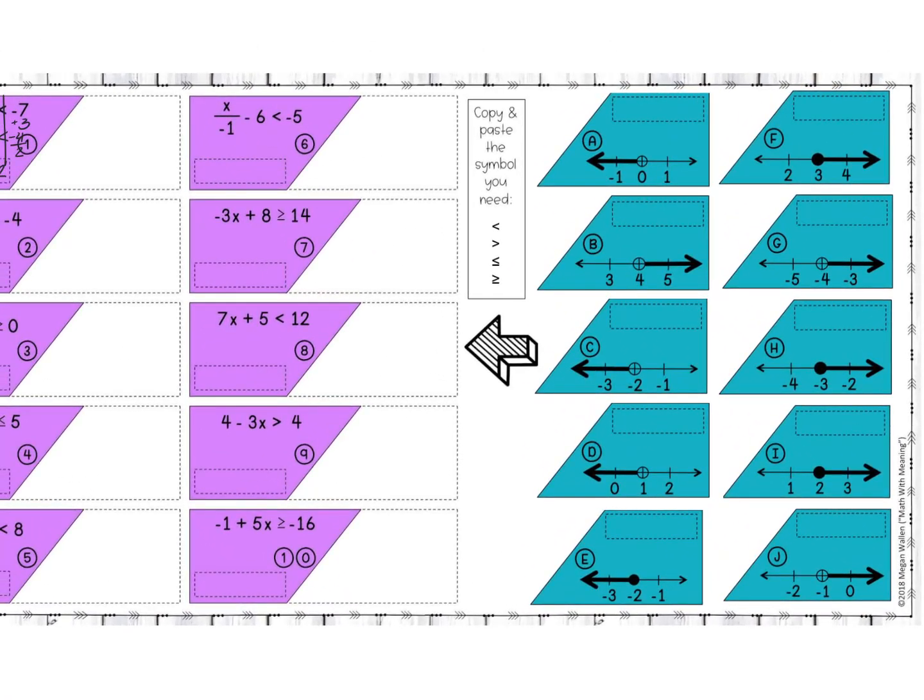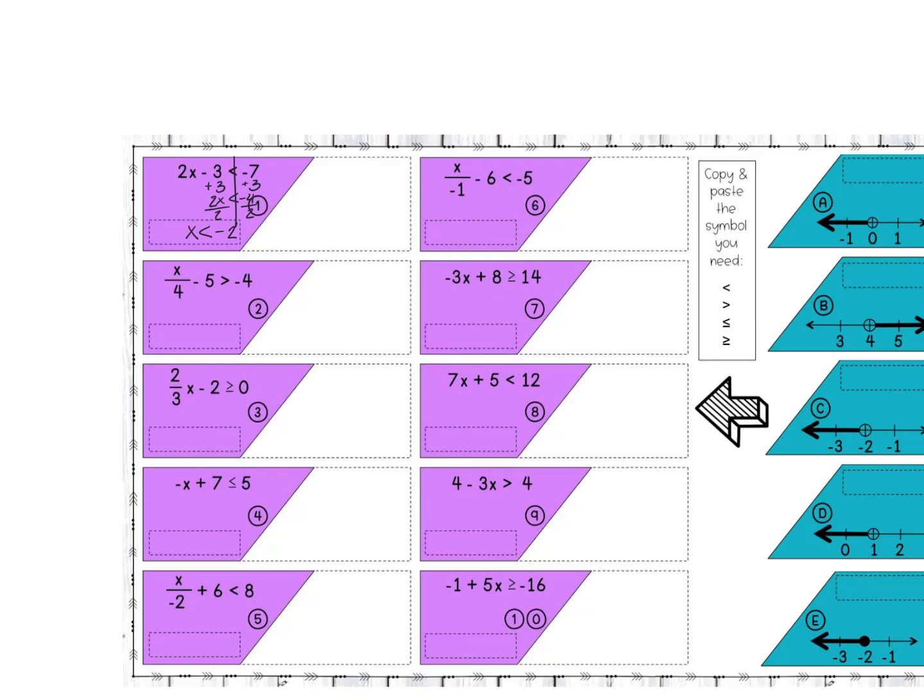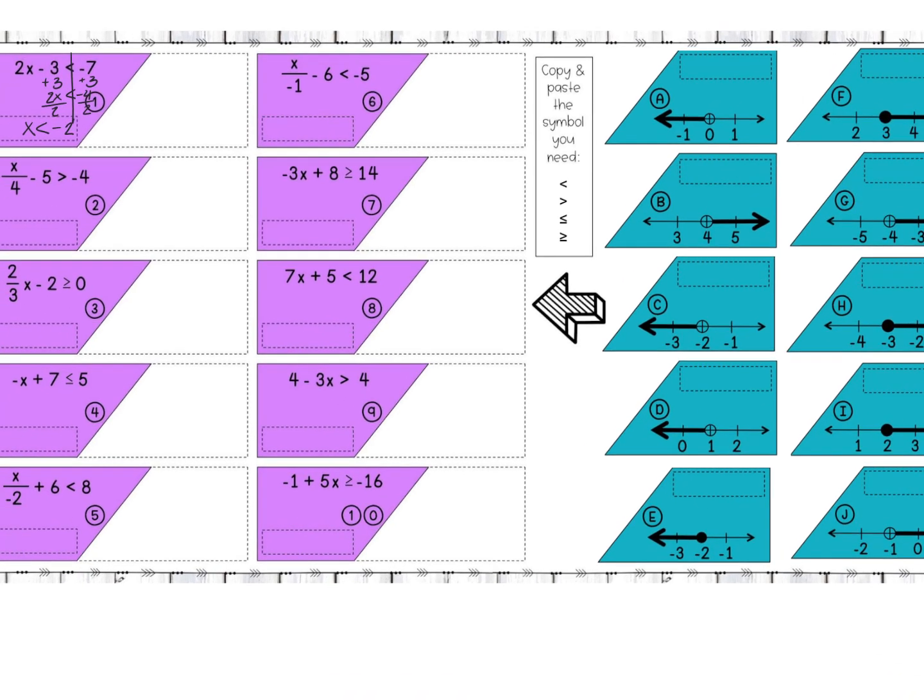Well, it appears these two are the only two that even have a -2 in it. Now I'm going to see my inequality does not have that line, which means my box or my circle should not be filled in. So this would be my answer. So I'm going to grab this one and drag it over.